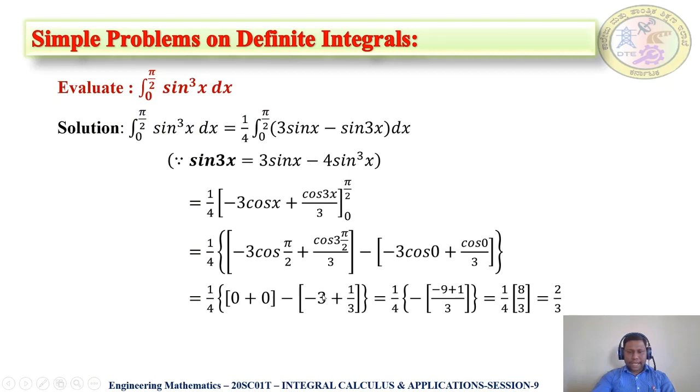So 3 threes are 9, minus 9 plus 1 divided by 3, that becomes minus 8 divided by 3. Since minus is there, minus into minus gives plus 8 divided by 3. Then if we divide by 4, we get 2 by 3. That is, integration from 0 to pi by 2 of sin cube x dx is equal to 2 by 3.